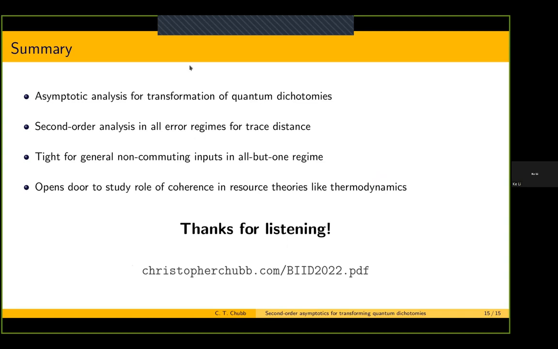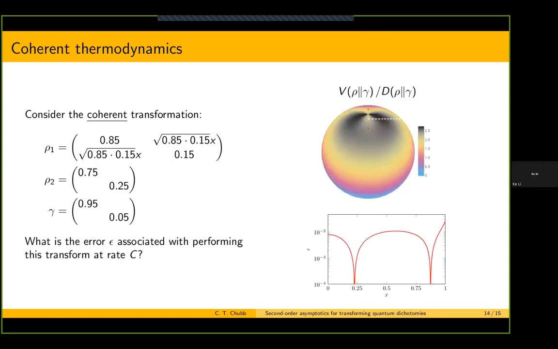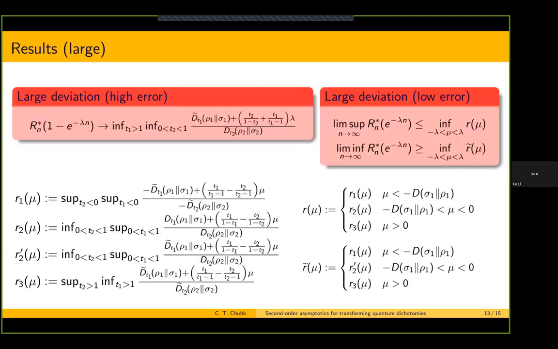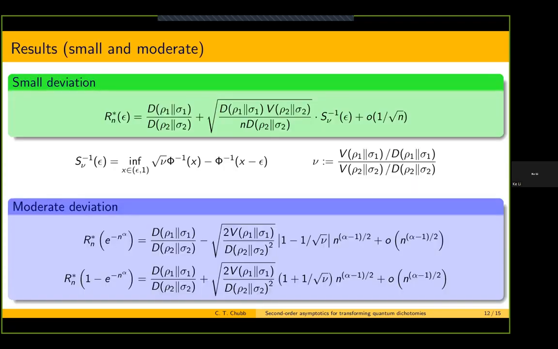So could you please go through the page of the main results? Which ones? These ones? Yeah, okay. So you mentioned that the results, if I understand correctly, were for general rho 1 and sigma 1, but need rho 2 and sigma 2 to commute, right?